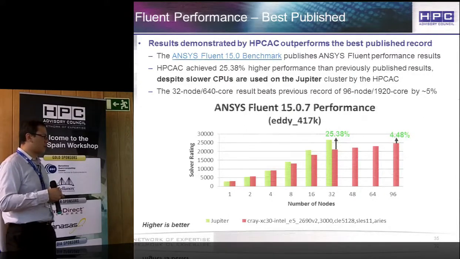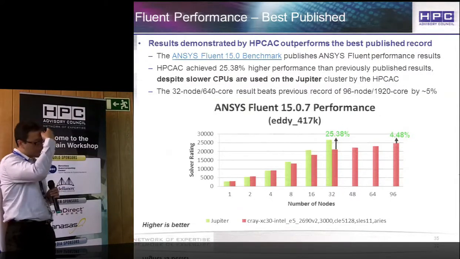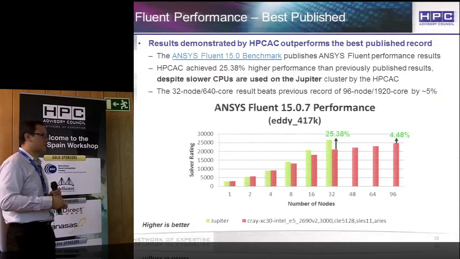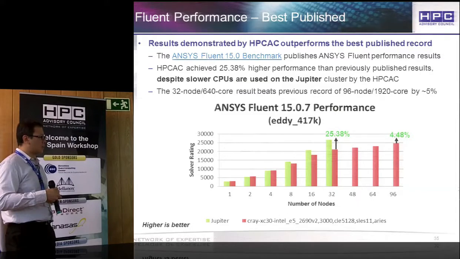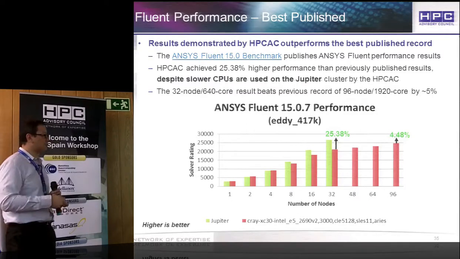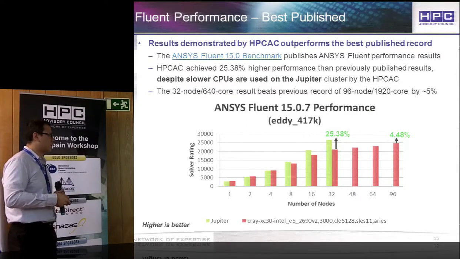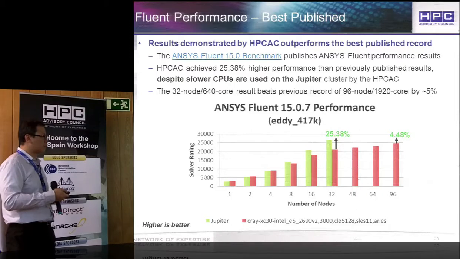So that's why up to 1 node, 2 nodes and 4 nodes, I don't see my configuration beating that one, because they obviously have an advantage with a higher clock frequency. But the scalability of HPCX helps to improve, compared to the 32 nodes that I have. So we're able to beat the best submission for the ANSYS Fluent benchmark by up to 26%, 25%, sorry. This is quite a significant improvement.